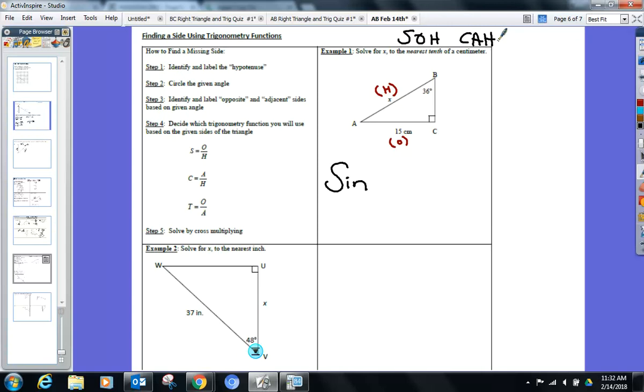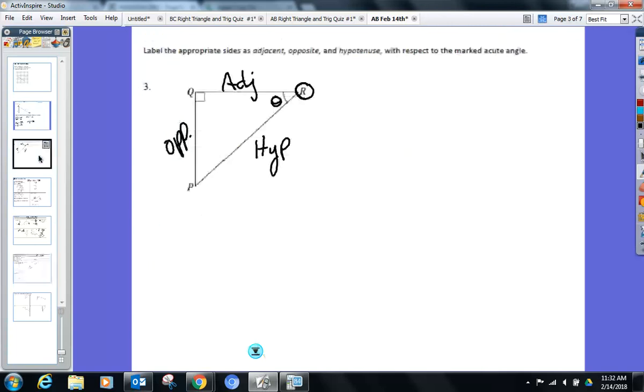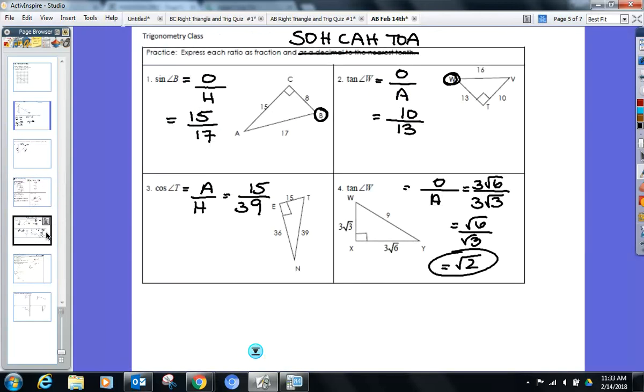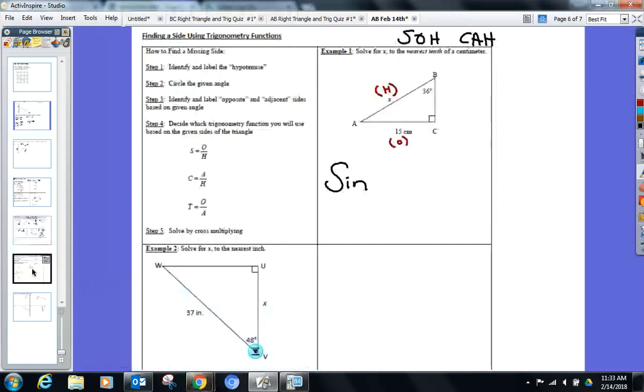Okay, to write the equation, the sine of what acute angle? Because we always write in the angle. All right, but now I know what it is. What is it? What's the angle? Hold on. Let me back up. Remember, we always went from tangent of W, cosine of T. Well, now, I'm not going to put the sine of B, because I know what angle B is.